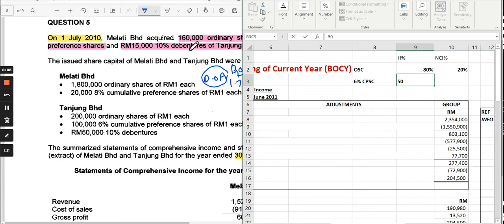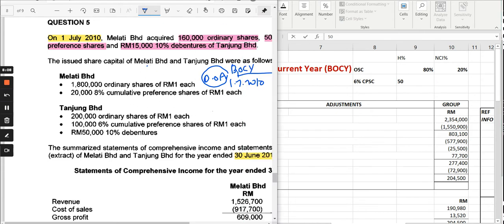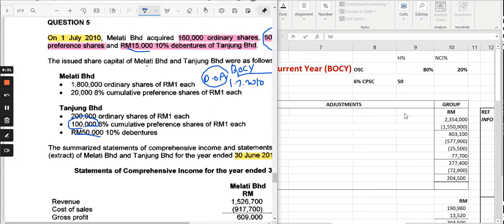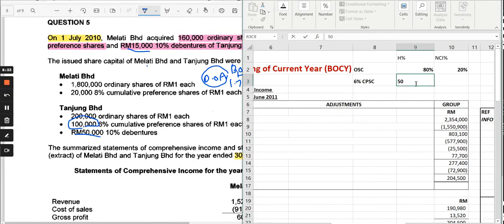Because if you can see here, you have the information 50,000 out of the 100,000 here. So that is 50%. And for the debenture, you acquire 15,000 out of the 50,000. So here is 50%, and here is also 50%.